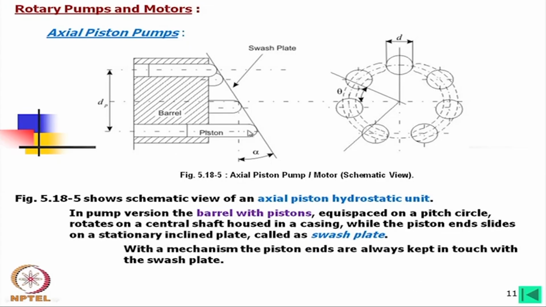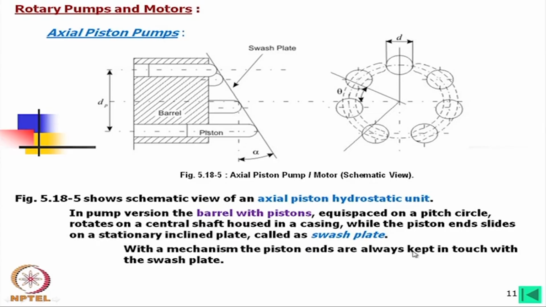Now, another point is that, for example, suppose this is being used as a pump. The pump means on the suction side this piston is moving in this direction, the right hand direction. So, what is the guarantee that the piston will move with the swash plate?